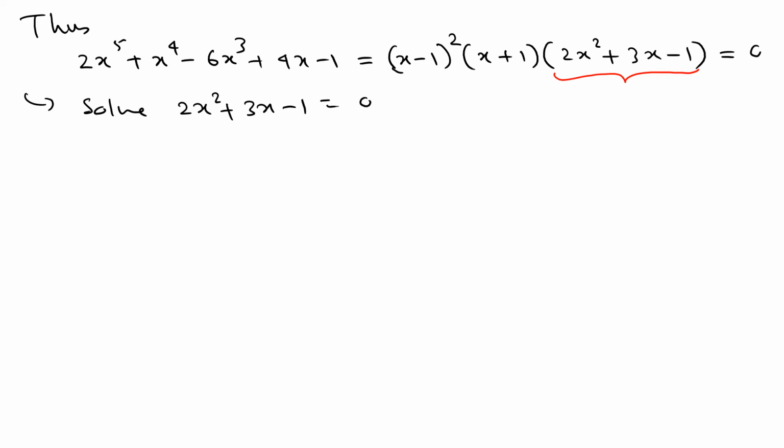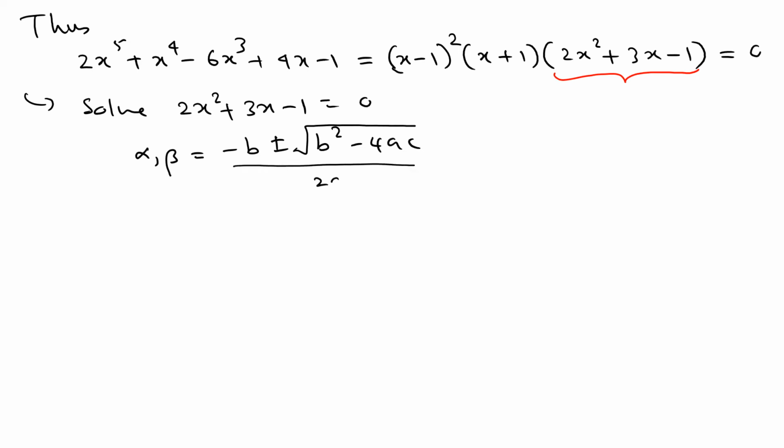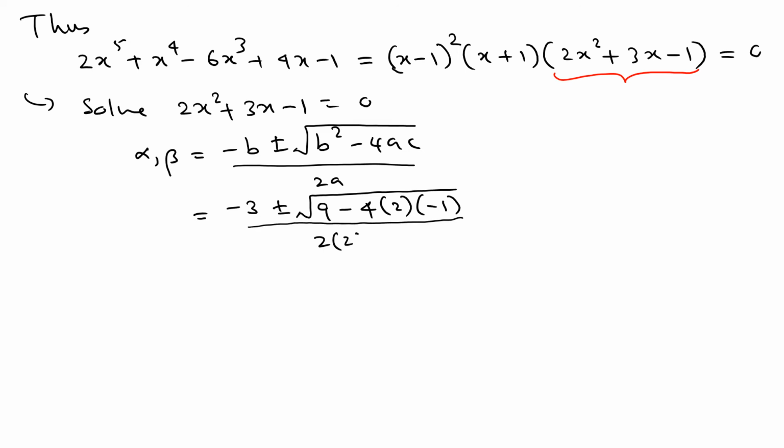So by the quadratic formula, if your zeros are alpha, beta, then we can write this as negative b plus or minus the square root of b squared minus 4ac, over 2a. So let's plug in. 3 equals b, so it's negative 3 plus or minus, b squared means 9, minus 4, a equals 2, c equals negative 1. So take the square root divided by 2 times a.